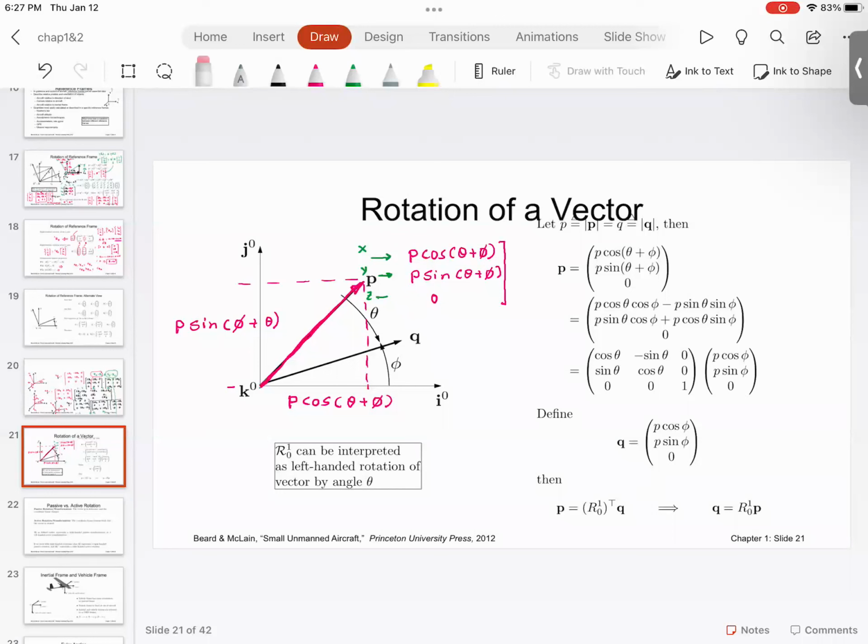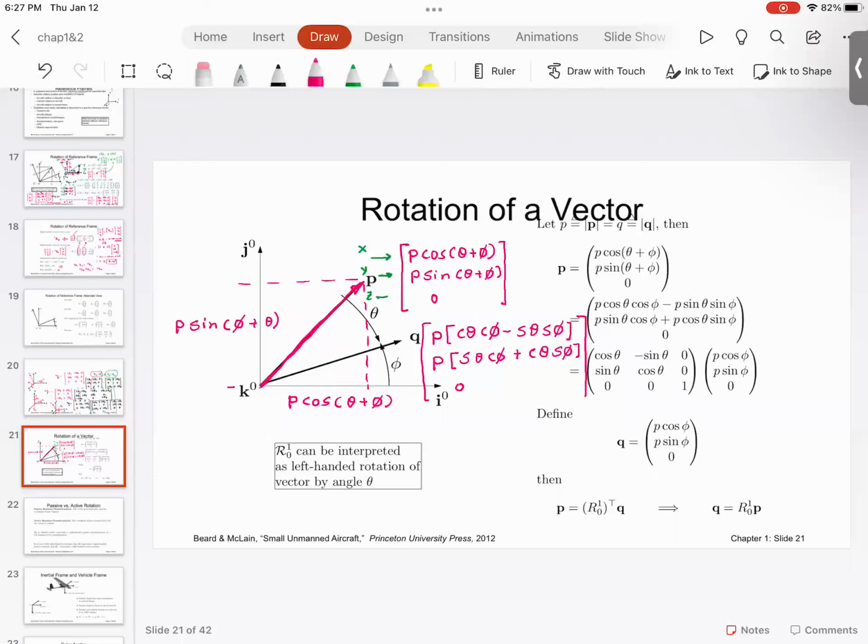And I know the angle formulas for cosine and sine of a sum. I'm going to expand this. P cosine theta cosine phi minus sine theta sine phi. I'm just expanding. P sine becomes sine theta cosine phi plus cosine theta sine phi, and the last term is 0.